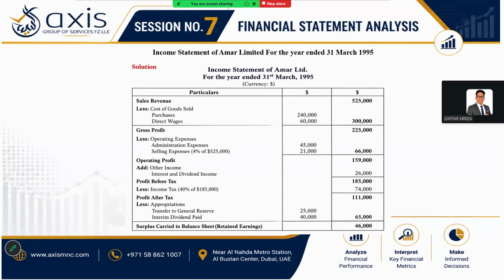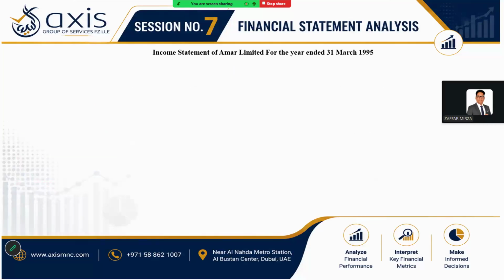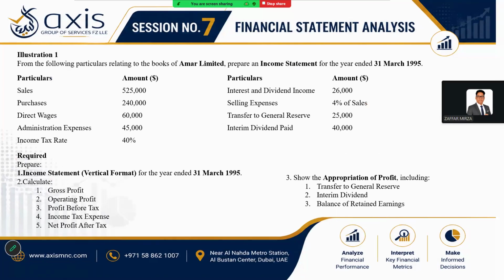So this is the solution: sales 525, cost of goods sold is purchase plus direct expenses, gross profit less operating expenses. Please take the question and prepare. Once done, let me know.